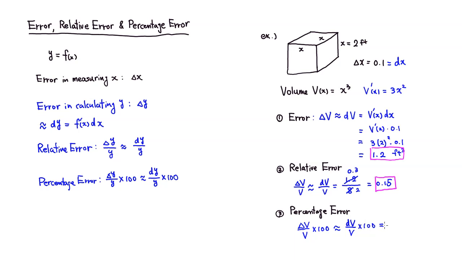We already found the relative error, which is 0.15, and multiplying by 100 comes out to be 15%. So the percentage error in calculating volume is 15%. That's it. I hope that this was clear.